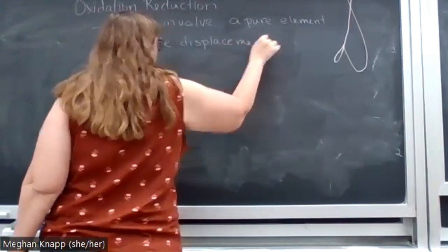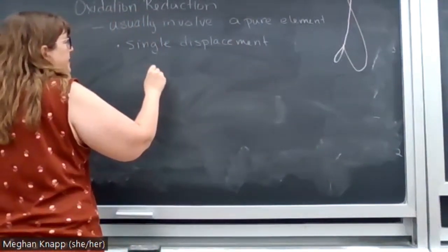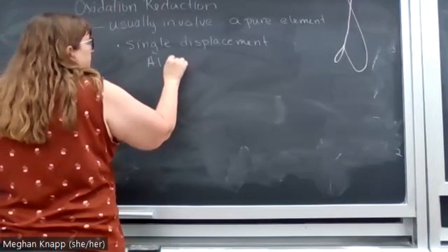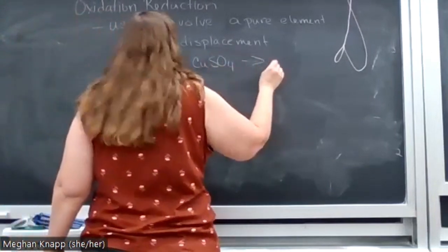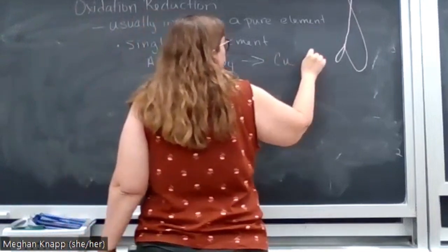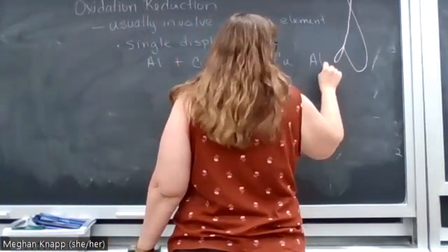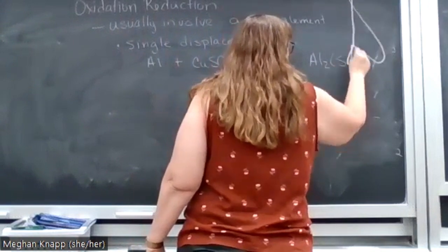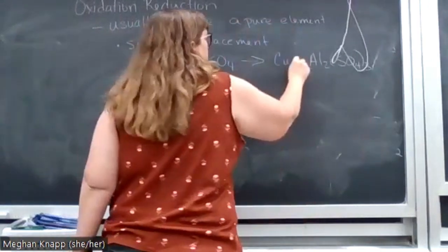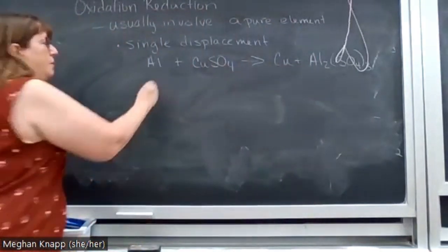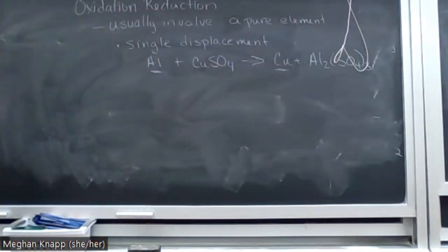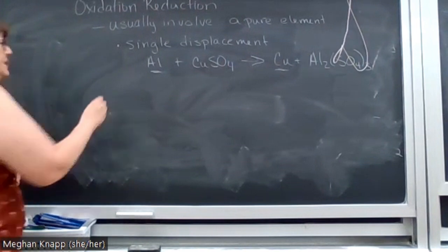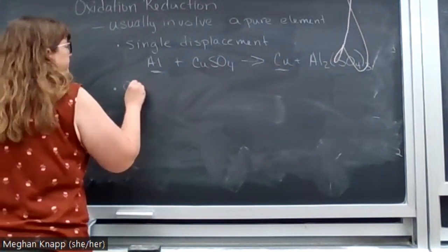If you recall, that was where we might have something like aluminum plus copper(II) sulfate forming copper and aluminum sulfate. Okay, so pure element here, pure element here. Good indicator for that.